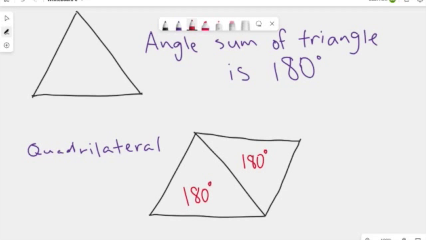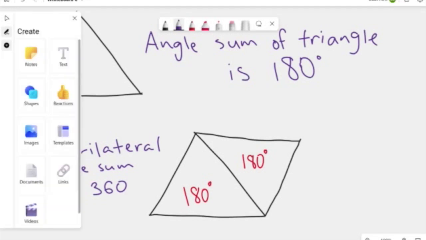It's essentially 180 degrees that makes up this space as well as this space. So altogether, we have 360 for the angle sum of our quadrilaterals. So quadrilateral angle sum is 360 degrees. And we can test this with a bunch of different ones.